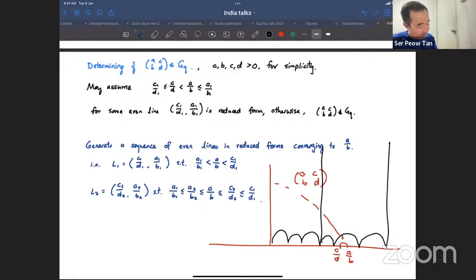So I can try and approach A over B using my algorithm, going towards the point A over B. So what happens is that if at some point this A over B lies between something over here, let's say x1 over y1, x2 over y2.